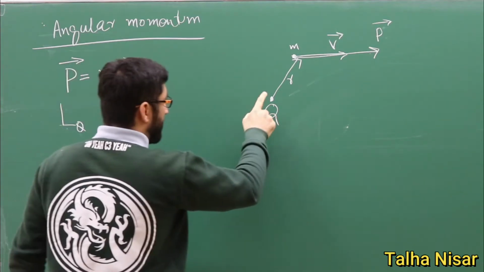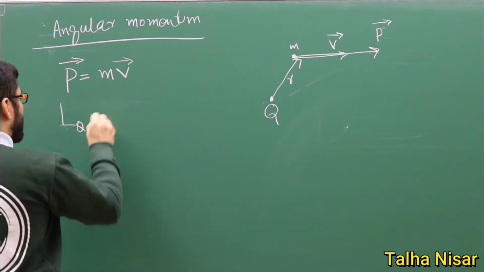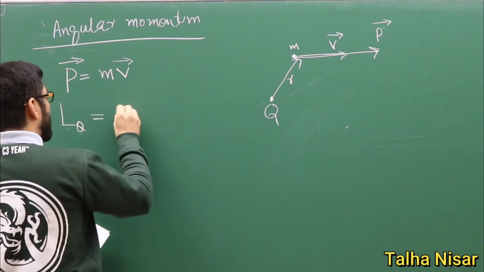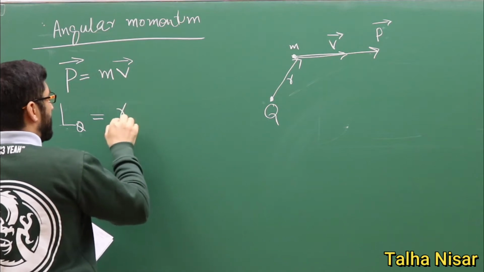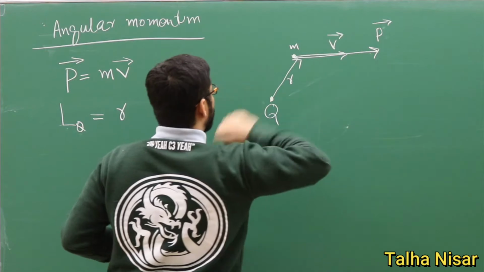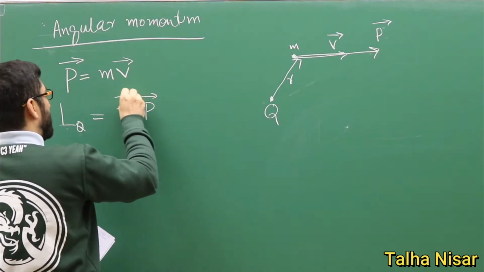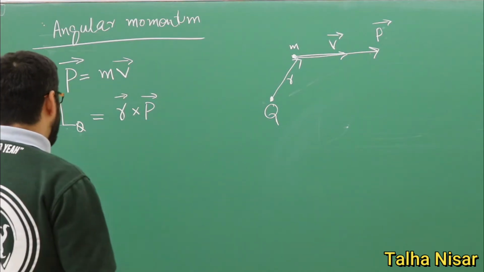So our reference point here is Q. So I wrote a Q here, which is equal to the position vector, and then we have the linear momentum. So R cross linear momentum. This is a cross product.